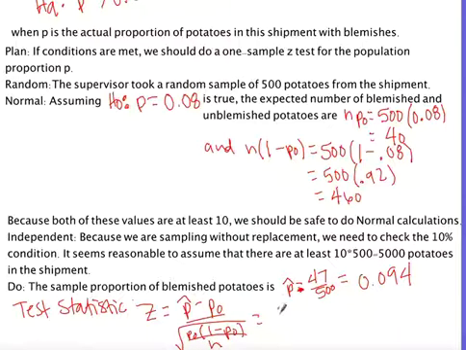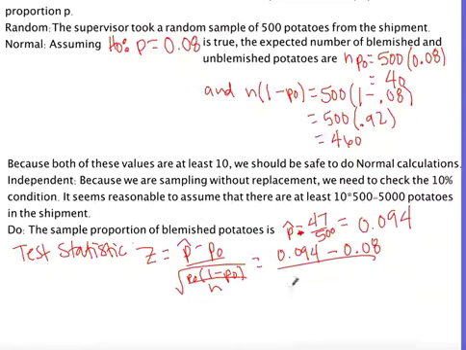So we said that p hat was 0.094. We know that p0 is 0.08. We're going to divide that by the square root of 0.08 times 1 minus 0.08 all over n, which is going to be 500. Whenever you do that in the calculator, you would get that z was equal to 1.15.